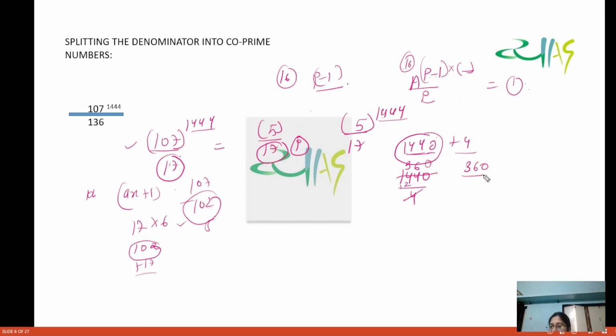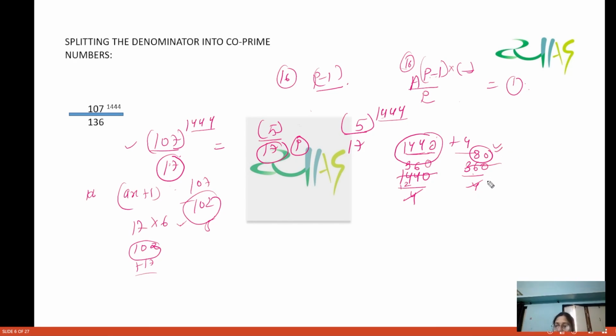Now whether this 60 is divisible by 4 or not. Okay. So definitely this is divisible by 4. You can see it. This will go 80 times. So this is divisible by 4.